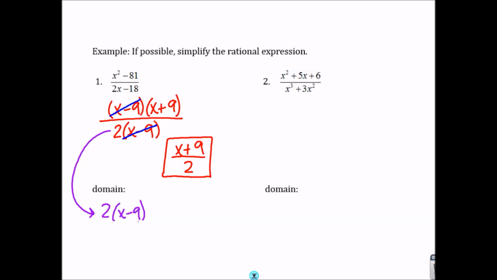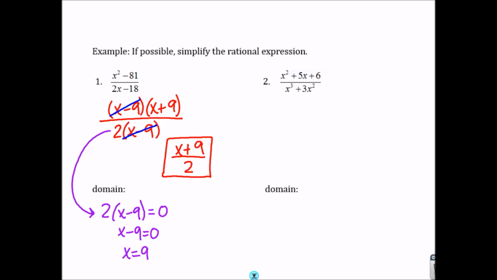And we discussed this a little bit when we did composition of functions. To find the domain, you need to set the denominator equal to 0 and solve for x. So if we have x minus 9 equals 0, we get x equals 9. That means if we plug 9 in, we will end up dividing by 0, which we are not allowed to do.